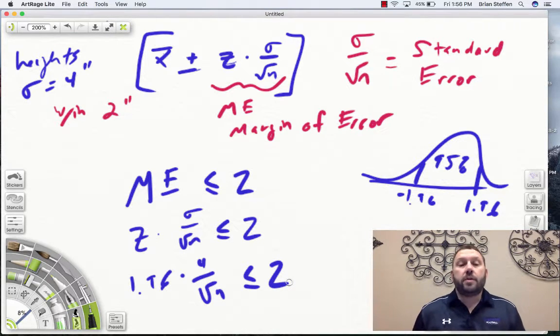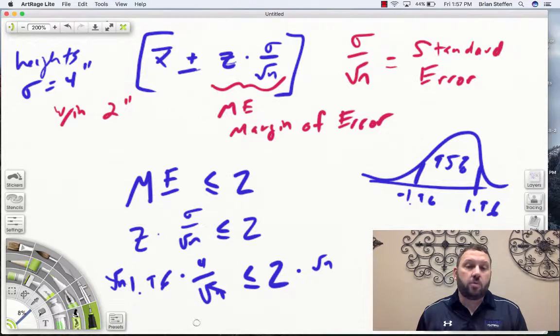What I'll be able to do then is use algebra to find out how many people I need in my sample in order to have an interval as narrow as 2. So we just keep going with this, and we do algebra. 1.96 times 4, I'm going to multiply both sides by root n, so that root n over root n cancels. 1.96 times 4, it's just under 8, we're going to say it's about 8, I don't have my calculator, less than or equal to 2 times root n.